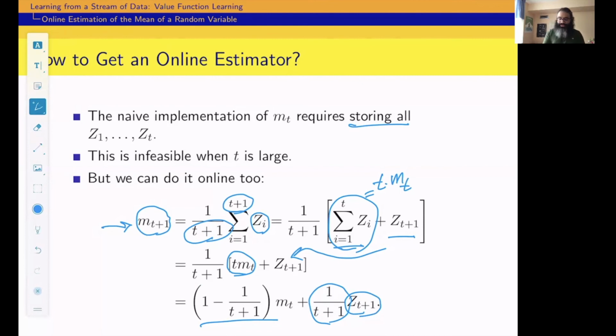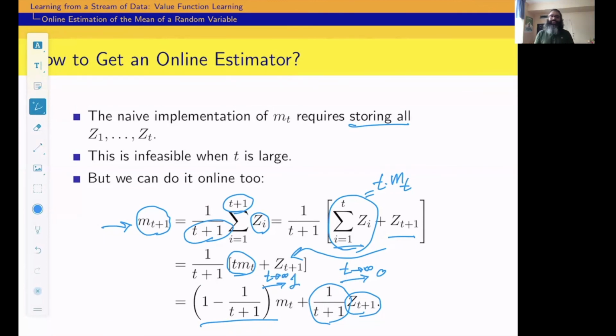Maybe it's good to look at what each of these terms looks like. This one, as T goes to infinity, goes to 0, and this other term, as T goes to infinity, converges to 1.